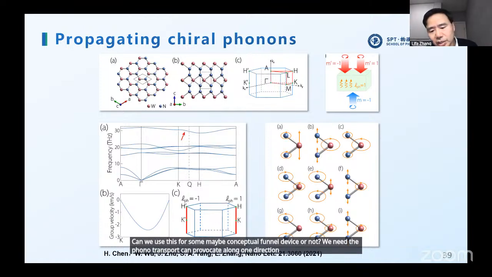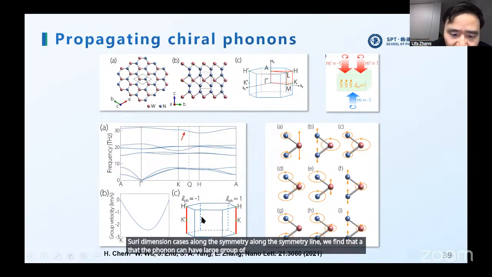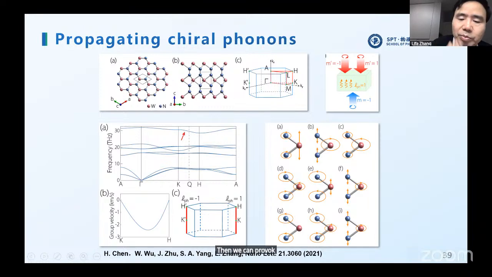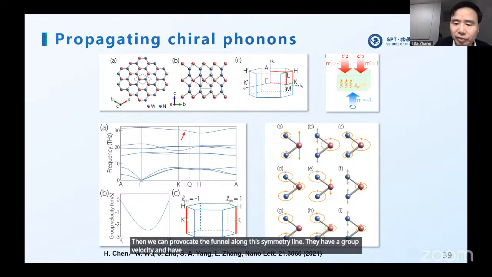So now we extend this to the three-dimensional case. Along the symmetry line, we find that the phonon can have a large group velocity. In this symmetry line, we can propagate the phonon along it. They have a group velocity, a pseudo angular momentum, and a phonon angular momentum.